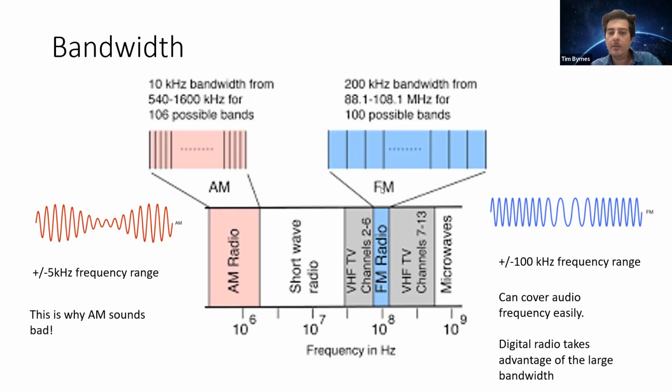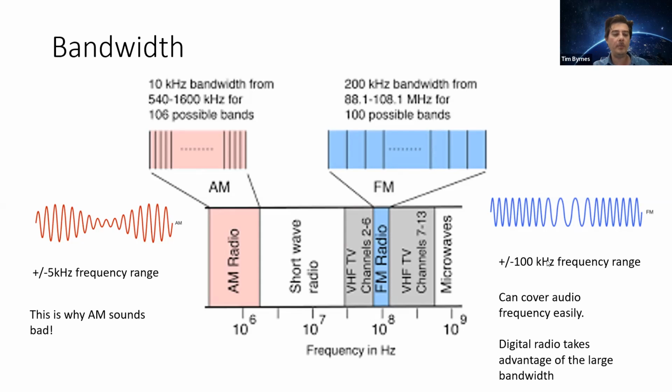FM radio has a much larger bandwidth for each station. If you're familiar with FM radio frequencies, it goes from something like 88.1 to 108.1, and each station, when you change it, goes up by about 0.1 megahertz. That is actually plus or minus 100 kilohertz.